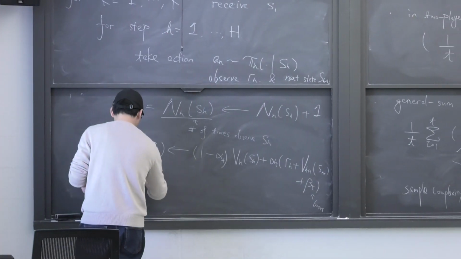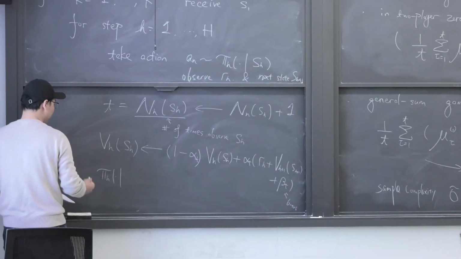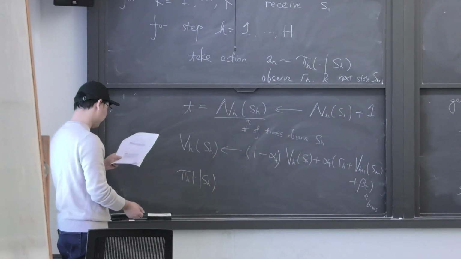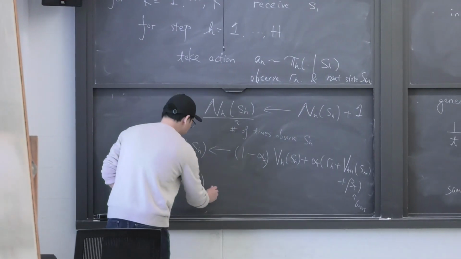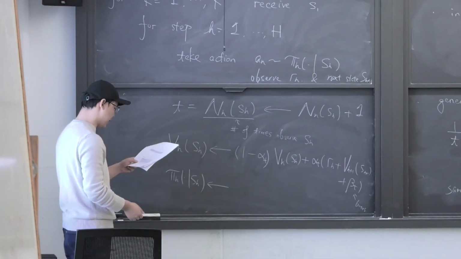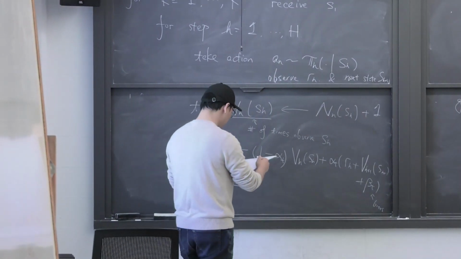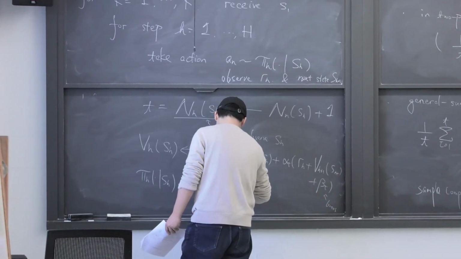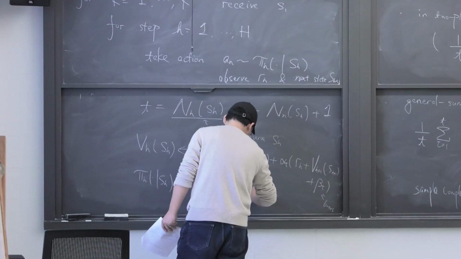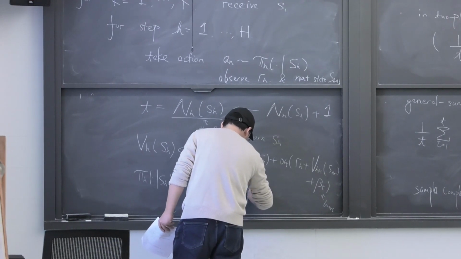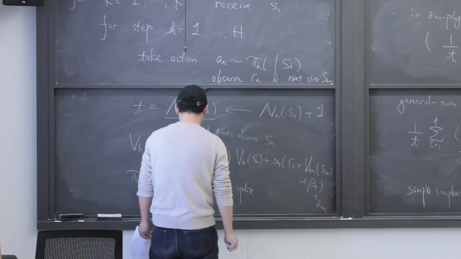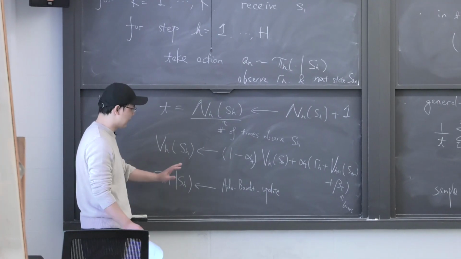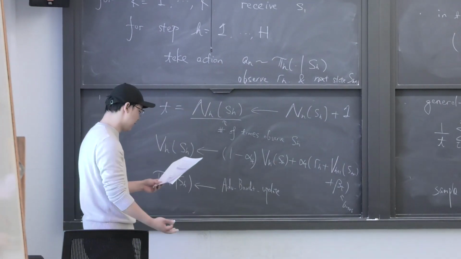So in addition to having the V value, we calculate the policy we're going to take for this state sh. And the policy is updated by running an adversarial bandit algorithm. Because for a Markov game, if we look at each state at every step, you can think of it as a bandit problem.